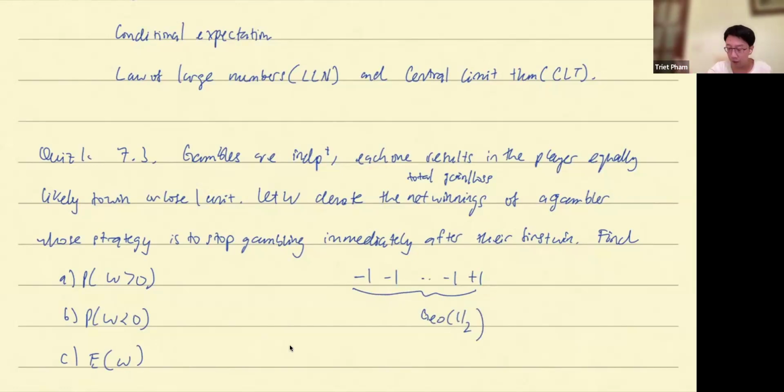So net winning, if you let X be a geometric 1/2, then the net winnings will be minus (X minus 1) plus 1. Agree?